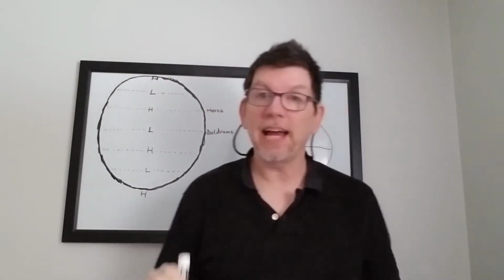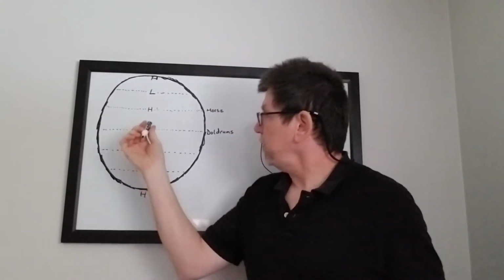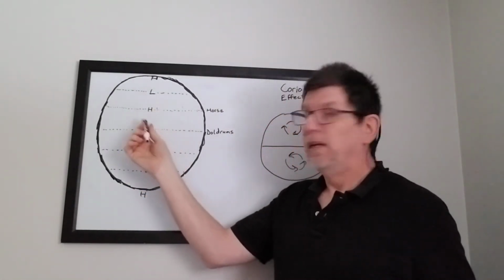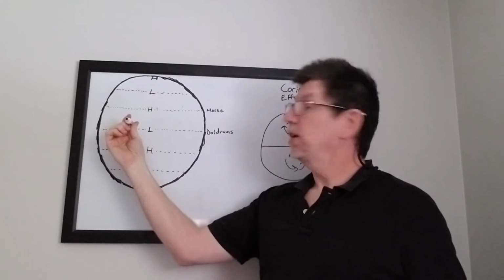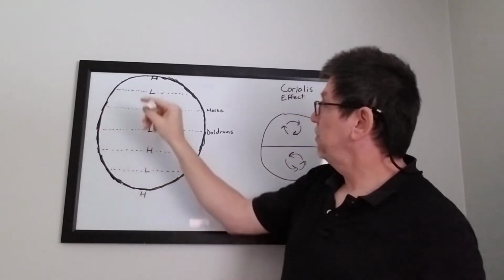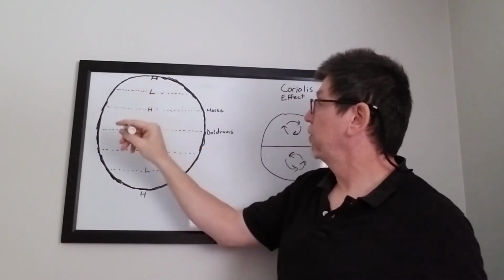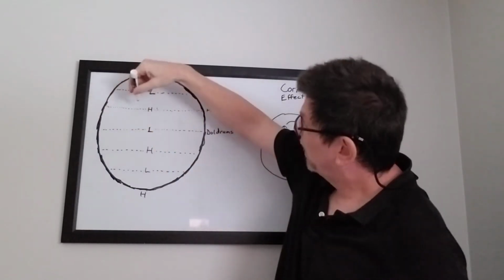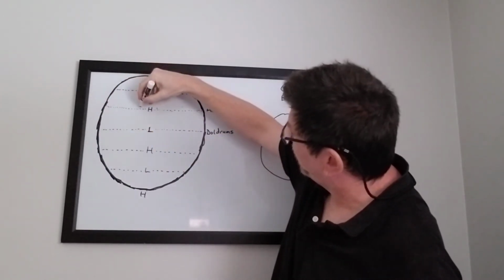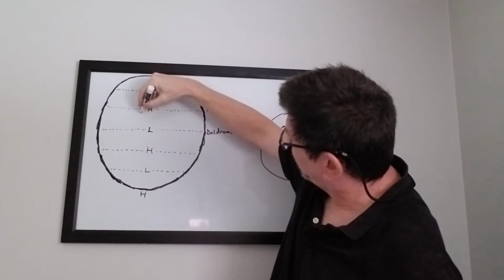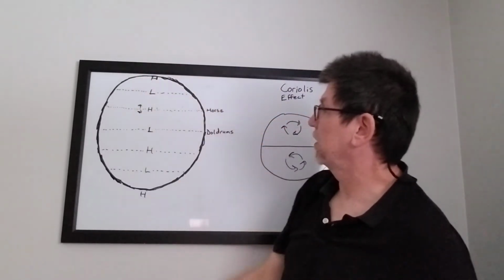Now, that affects the winds because the winds come up here at the equator. They come out, and as they go north and south and come back down here, they hit the ground, they split, and they go north and south from here.